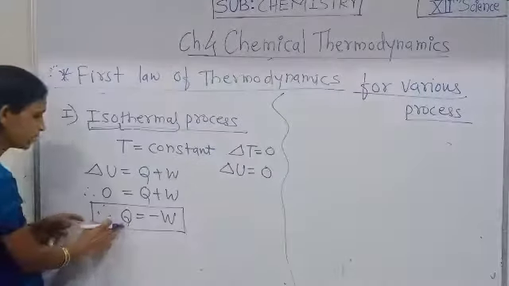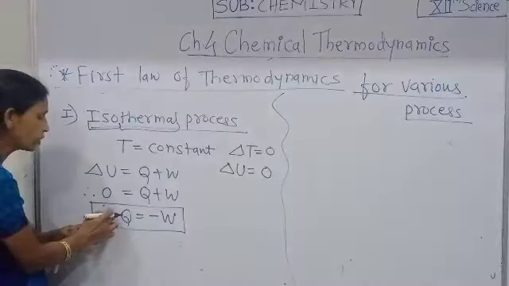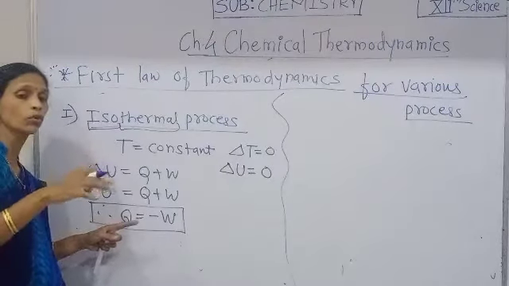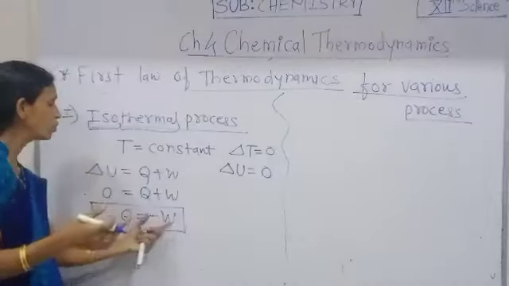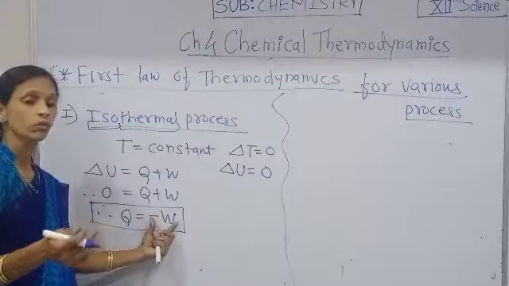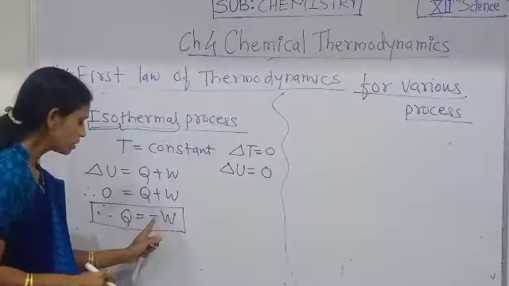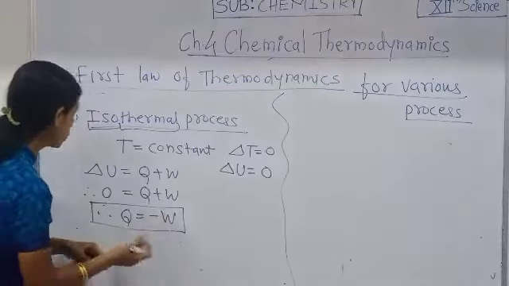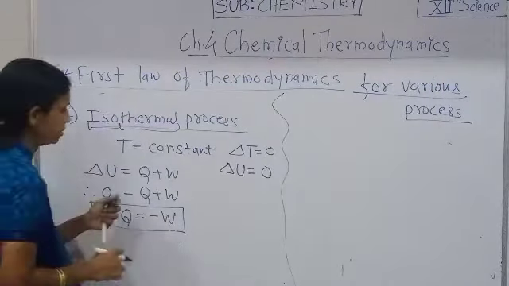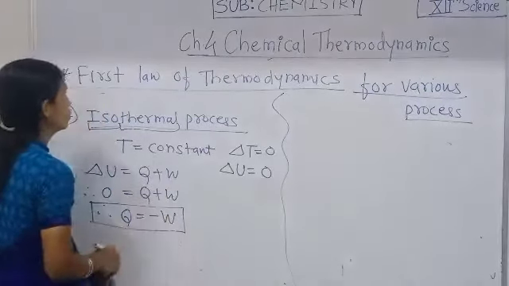If heat is absorbed by the system, because here Q is positive, the total amount of heat is used for work done by the system on the surroundings, because here minus W is there. Therefore in this process Q is equals to minus W.